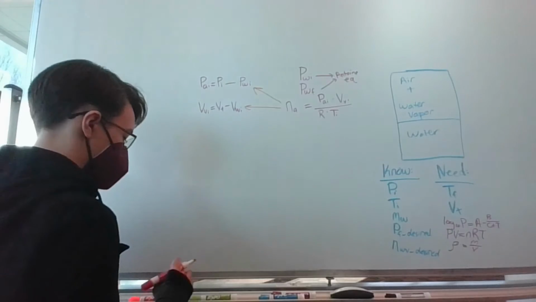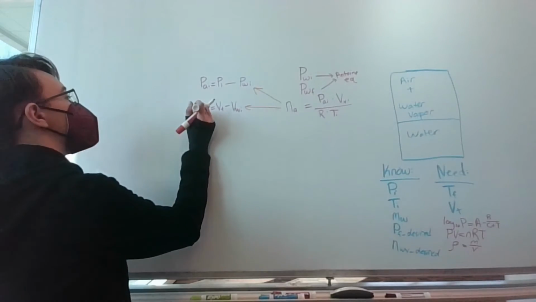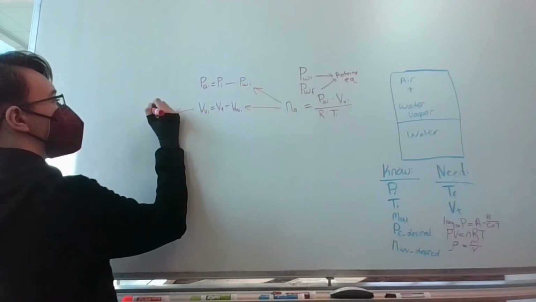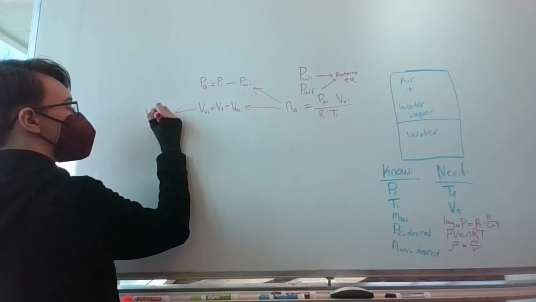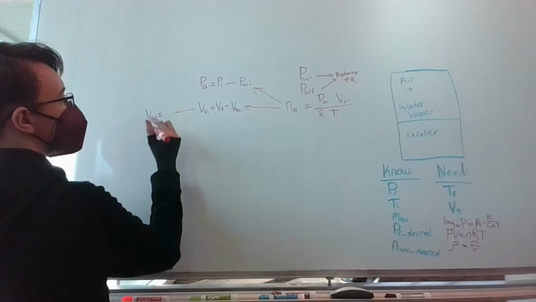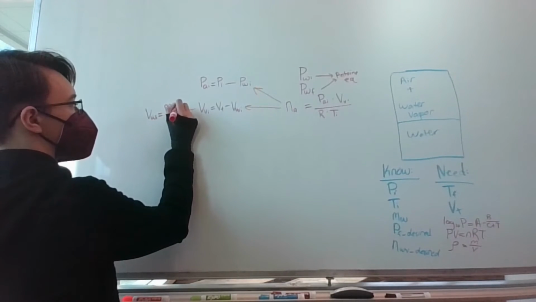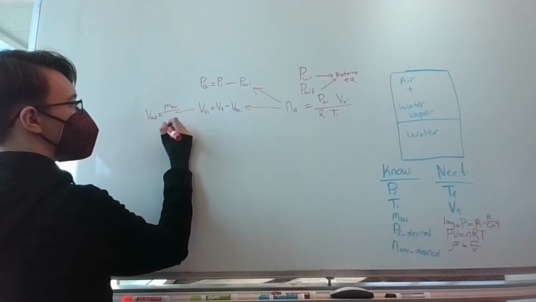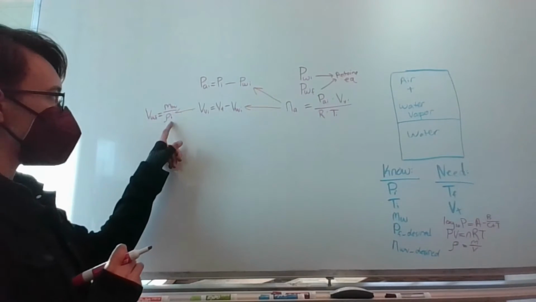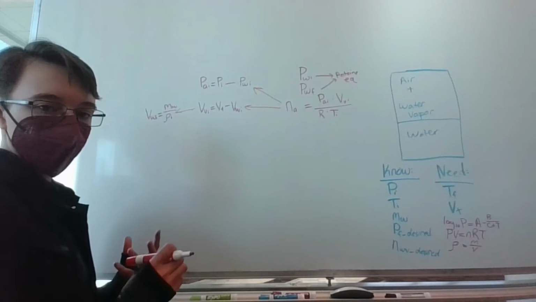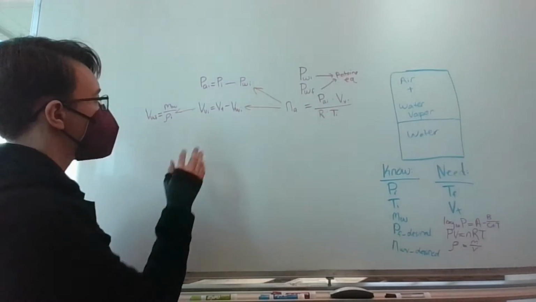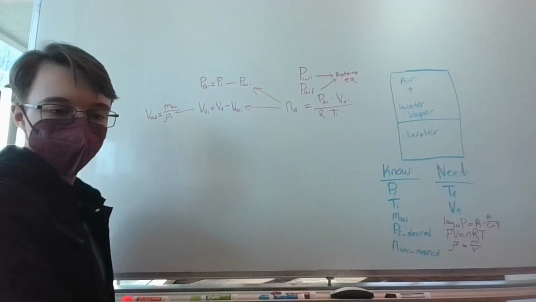That means that the volume of the water initially is going to be equal to the mass of the water divided by the initial density of the water. So I put the initial here because density is dependent upon temperature, and since the temperature is changing, the density will also change.